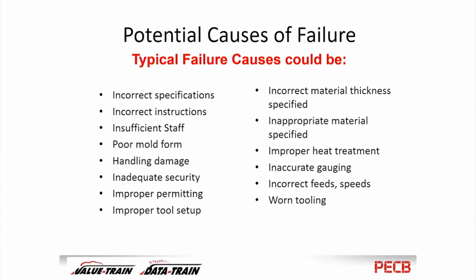Improper permitting. What that means is, if I am building something and the state or the city or the country or some government organization requires that I have a permit to build it, and I get the wrong kind of permit, that then causes my construction people to build something that I didn't intend. So that can certainly happen. So all kinds of things could be the causes of the failure.